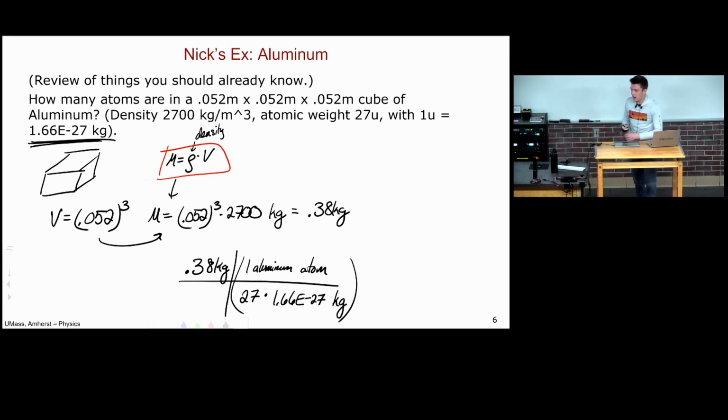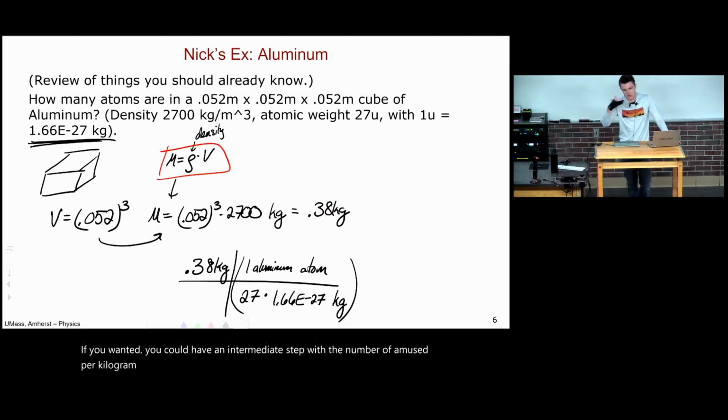Again, this is a glorified multiplication by 1. If you wanted, you could have an intermediate step with the number of AMUs per kilogram and then the number of AMUs per aluminum.